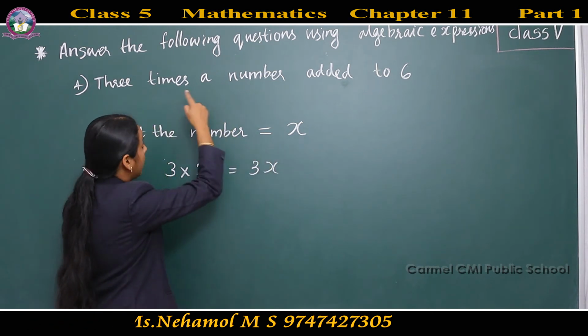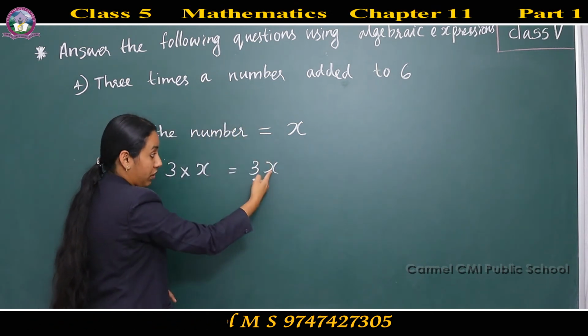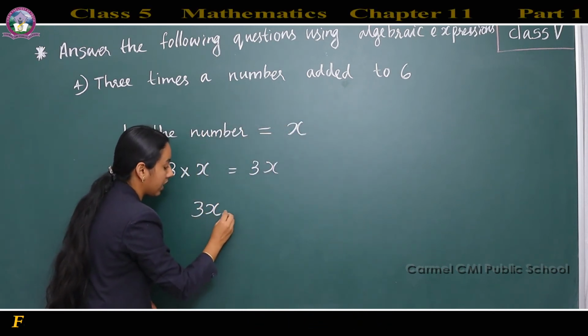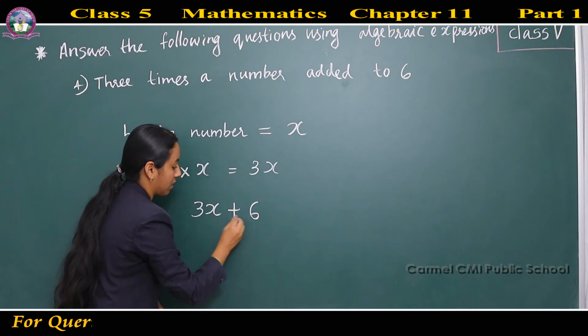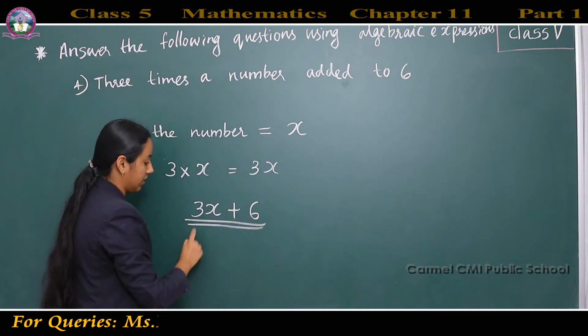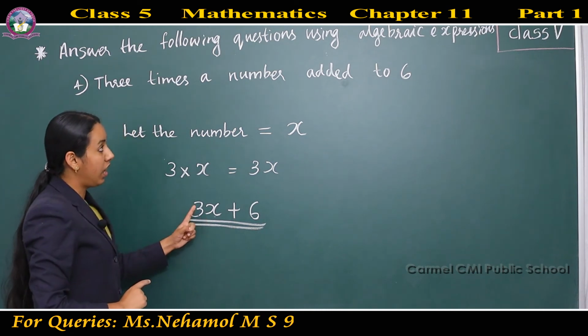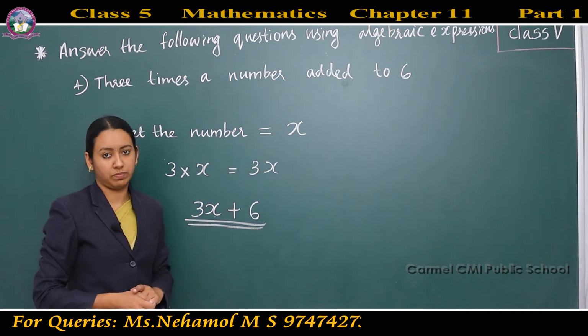Then 3 times of X added to 6 means 3X plus 6. This is the answer, 3X plus 6. That is the corresponding algebraic expression.